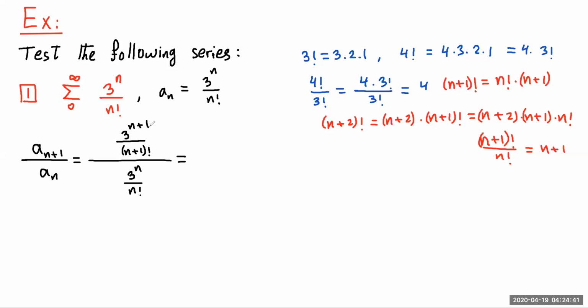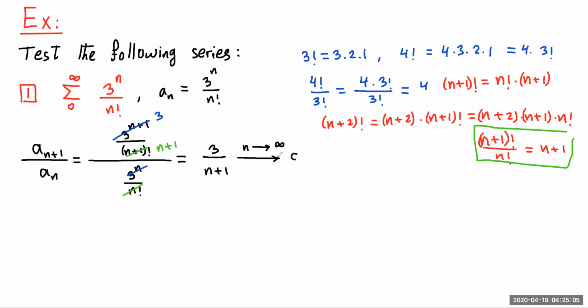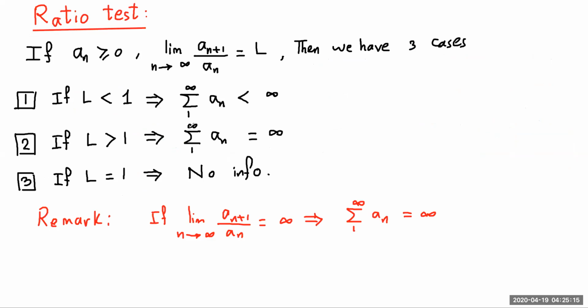So let's delete this term with this term, and we will have 3 here. If we delete this term with this term, we will have n plus 1 using this formula. So we will have 3 over n plus 1. What is the limit of this term when n goes to infinity? The answer is 0. So this is L less than 1 using the previous rule about the ratio test.